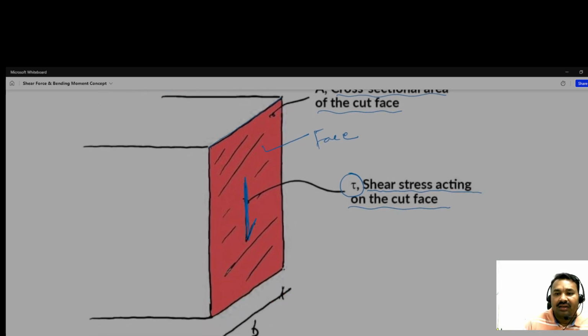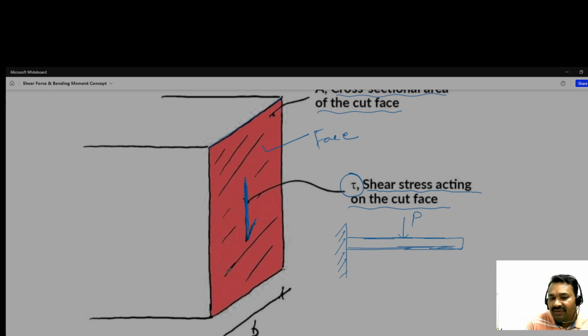Okay, once again the shear. Suppose the beam is supported as a fixed beam, and suppose here some force P is acting. You can see the beam is horizontal and the force direction is vertical.